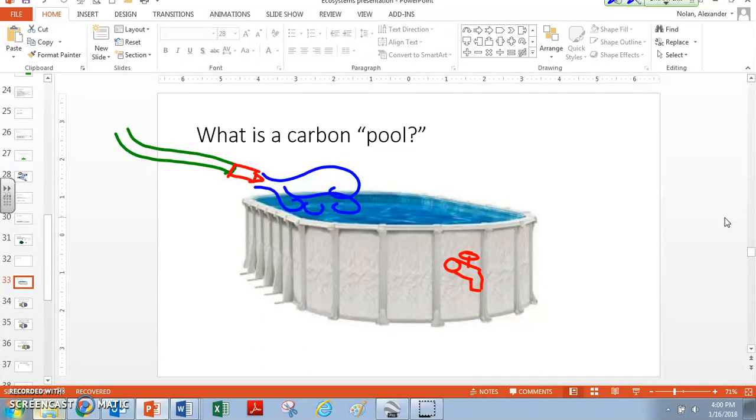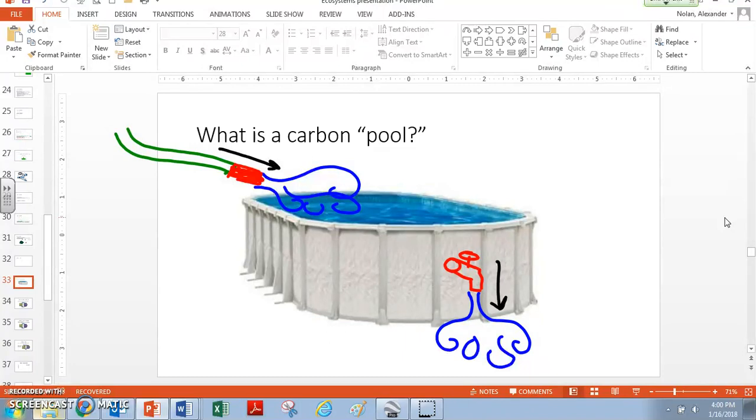So we're actually pouring water into this pool. At the same time, our spigot is letting some water out of the pool. So water is coming out of the pool at the same time. We have water coming in. We have water coming out.